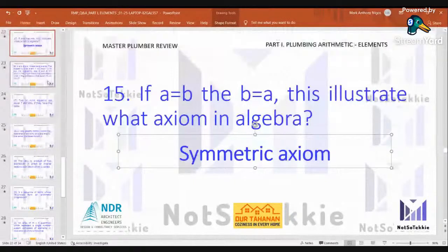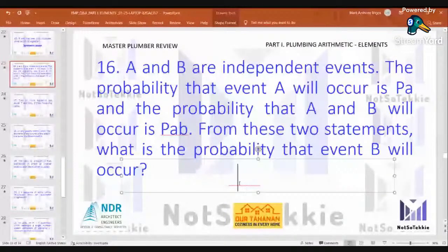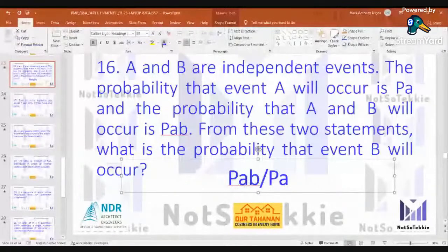16. The probability that event A will occur is PA, and the probability that A and B will occur is PAB. From these two statements, what is the probability that event B will occur? The answer is PAB over PA.